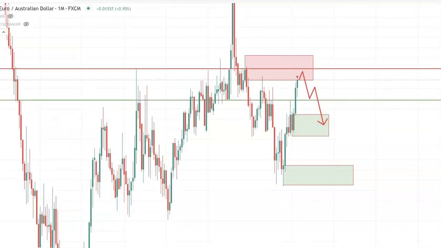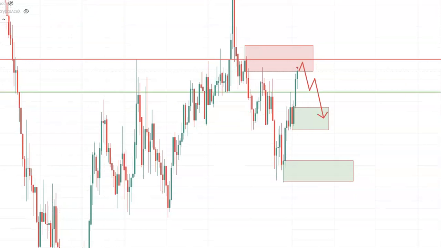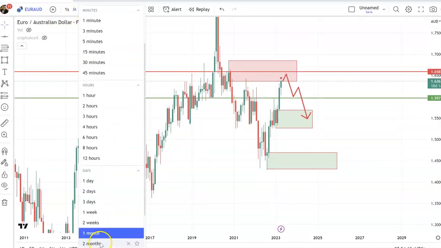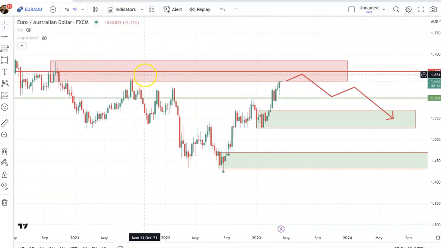If we look at the weekly charts also, just let's zoom into the weekly charts. So have a look at the weekly charts. And you can see right at this level also, the resistance area at 165, 500.